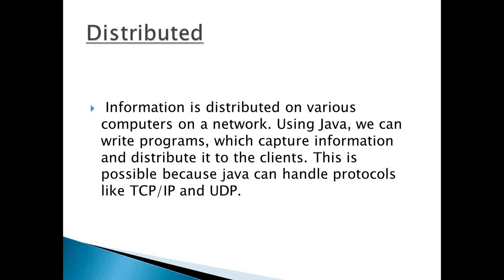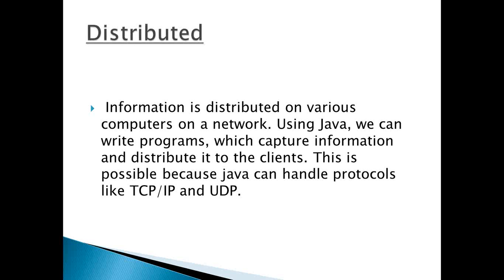It should be able to run in different environments. Running something in different environments is known as distributed. Java has the capability that its code can be divided and communicated with different machines.